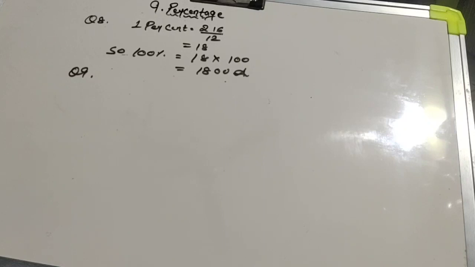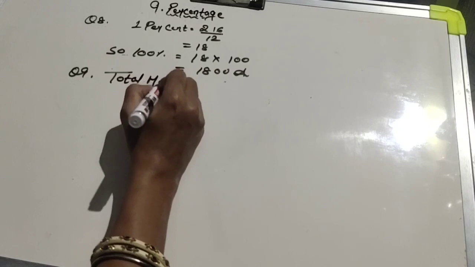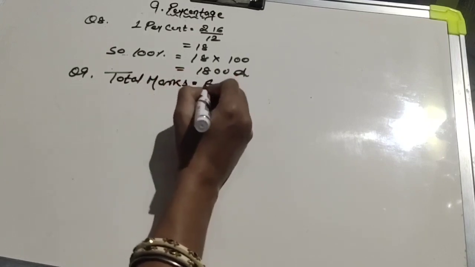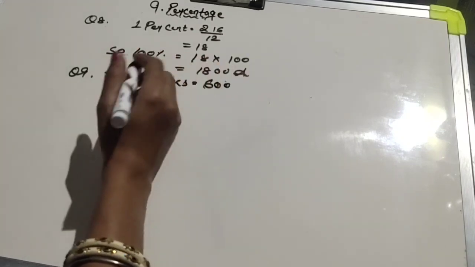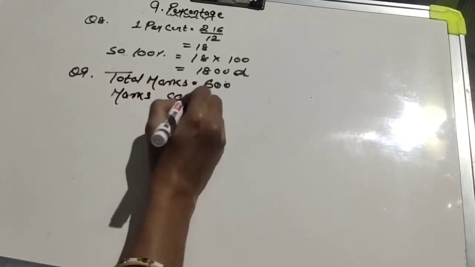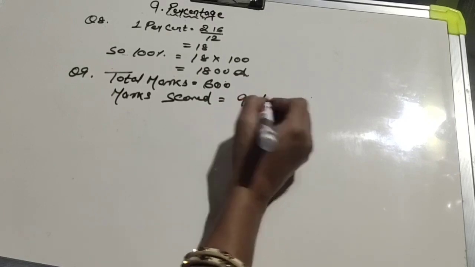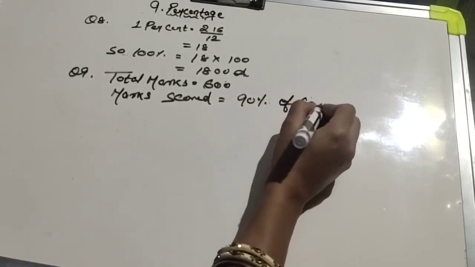Question number 9 is given: Samir scored 90% marks in his annual examination out of a total of 600 marks. How many marks did he get? So you will write here: total marks is equal to 600. Marks scored is equal to 90% of 600.